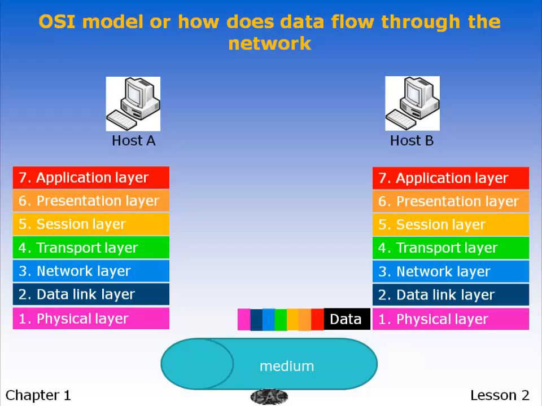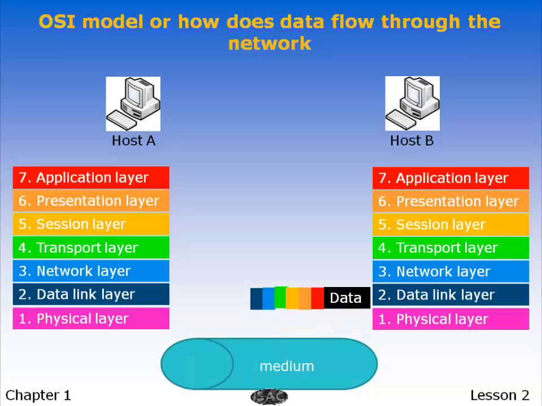Now the data should go up, removing all the headers step by step, because the upper layers cannot process the packet until they see their own header. So the physical layer does some checkups, removes its header, and sends it to the data link layer.